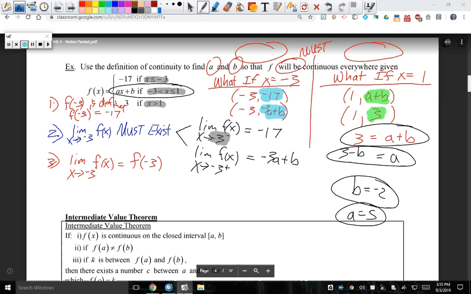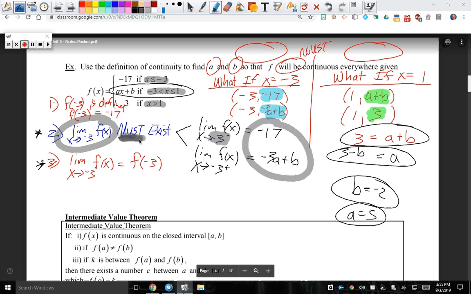Because now you've started with rule 3, you've gone back, you've established this must, you've established the work, and right here, guys, we need to set these equal to each other for this general limit to exist. And we did that way up here.